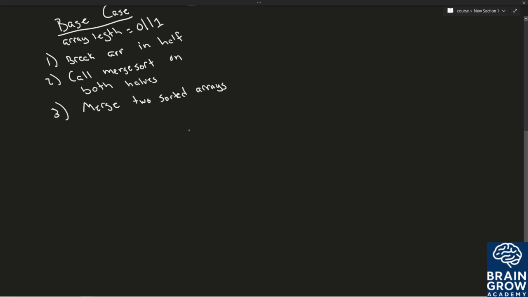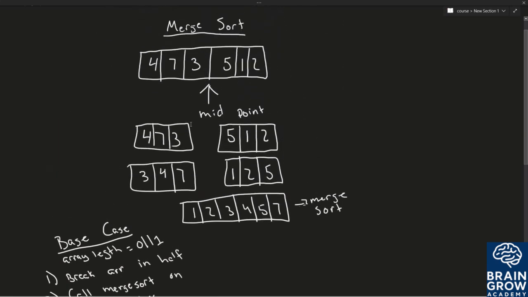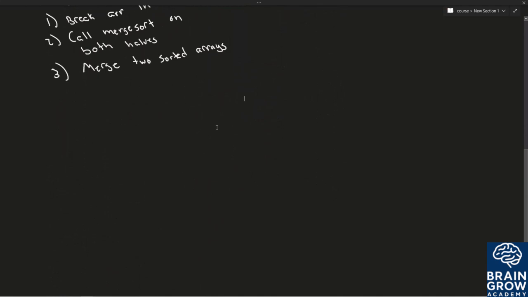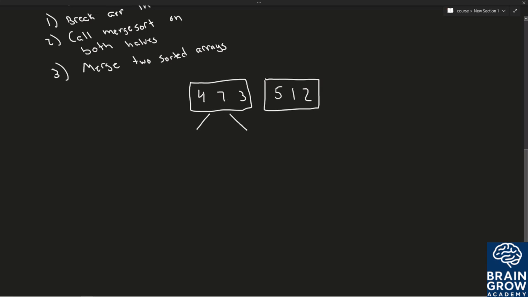Our array was, what did we have? 4, 7, 3, 5, 1, 2. So we want to sort 4, 7, 3, 5, 1, 2. I went ahead and split it up because we already know that's what we're going to need to do. So we have our two arrays right here. What we want to do here is split this array up. Our midpoint is going to be this 7.